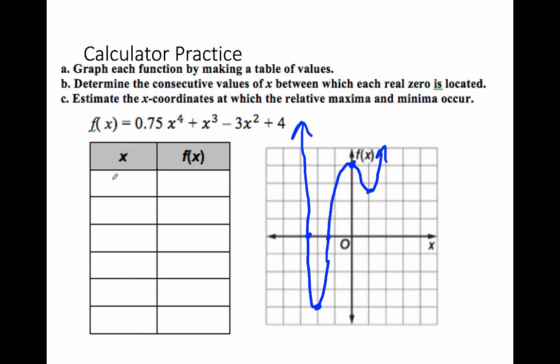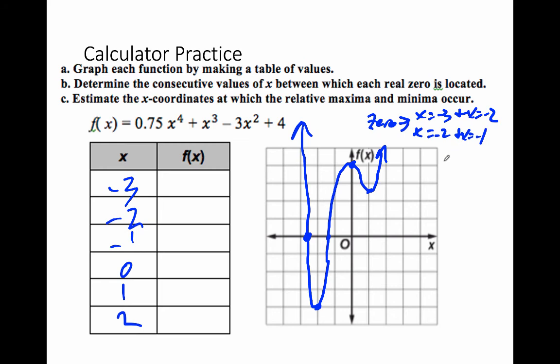Okay, so you should write -3, -2, -1, 0, 1, 2 in here, and then the corresponding y's. So the important ones were a 0, and that was between x equals -3 and x equals -2. And then I had another 0 between x equals -2 and x equals -1.